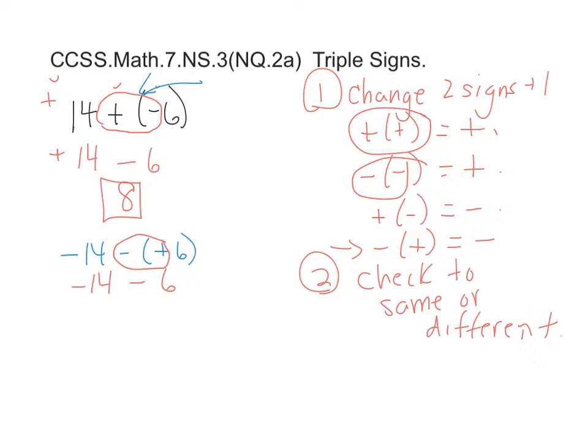Same signs, these are same signs because they're both negative. They're negative 14 and a negative 6. Same signs, you are to add the digits. 14 plus 6 is 20, and add the sign. All right, so the two rules for the triple signs are you change two signs side by side to one, and then you have to go back to see if it's the same or different and follow those rules.